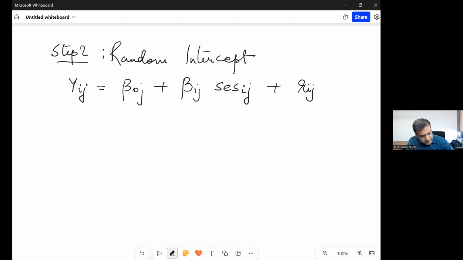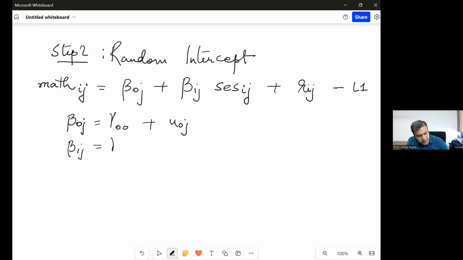Let me replace Y with our variable names: math ij is equal to beta 0j plus beta 1j SES ij plus Rij, and this is our L1 equation. Then we wrote the L2 equations: beta 0j is gamma 00 plus u0j, and beta 1j is equal to gamma 10.